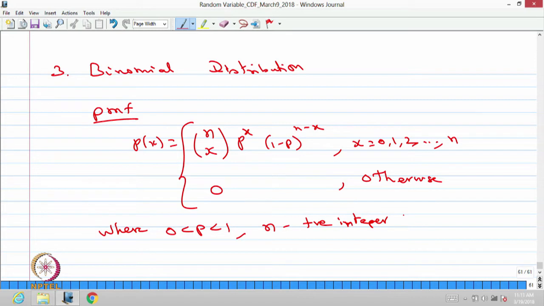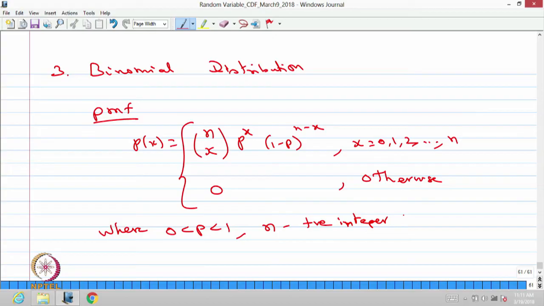The probability mass function of the form ncx p power x 1 minus p power n minus x. Once you know the value of p and n, you know the probability distribution of this random variable. Therefore, we call n and p are the parameters of the binomial distribution.